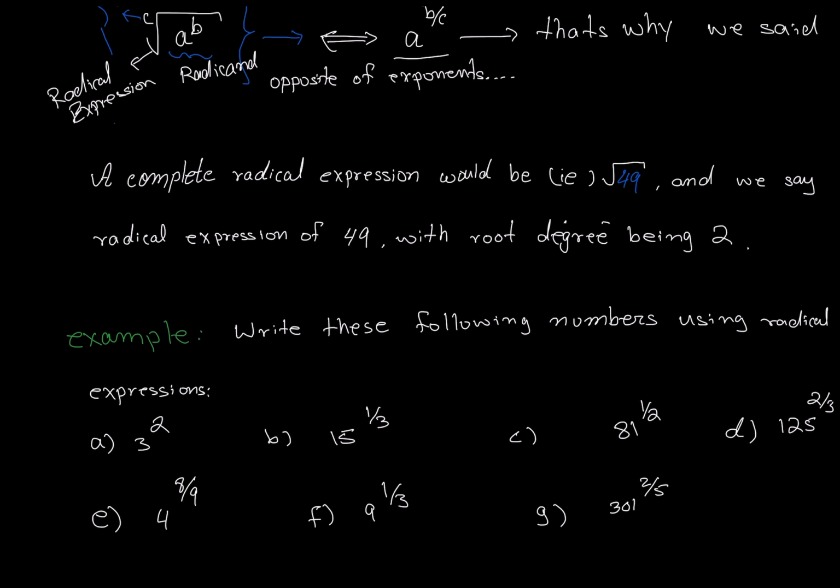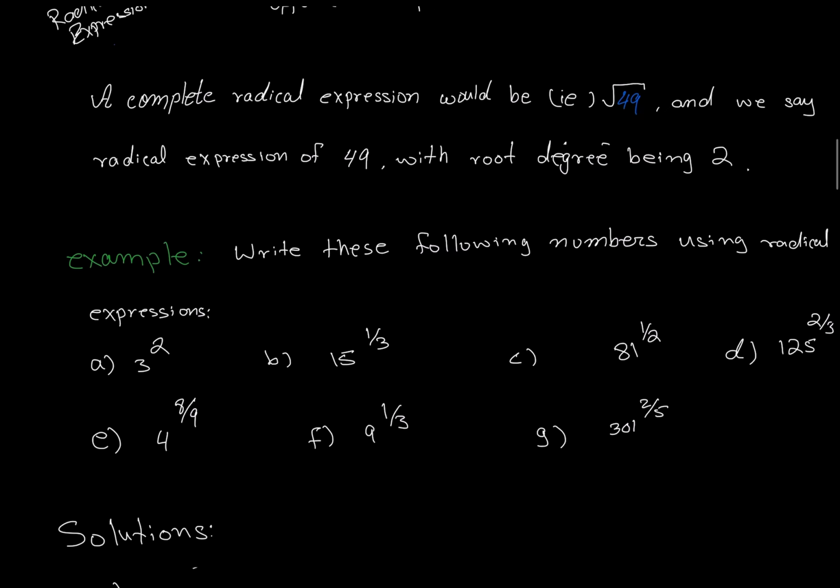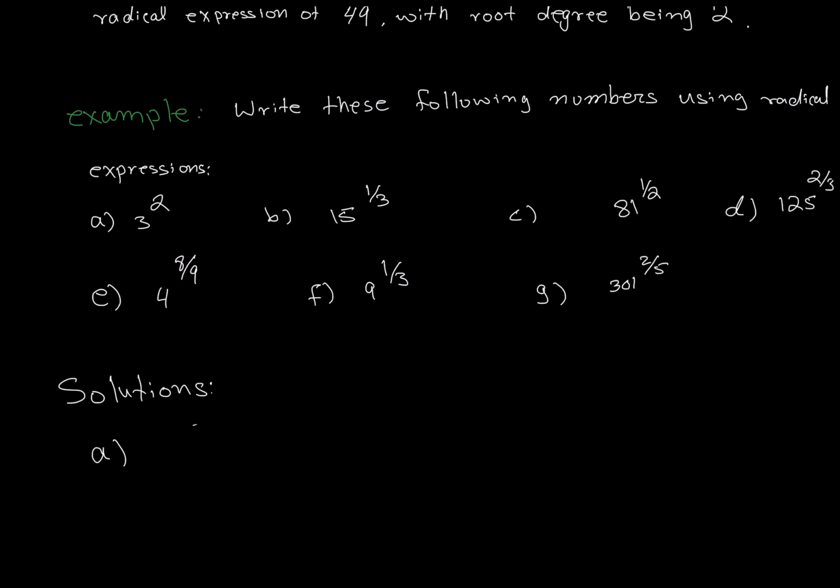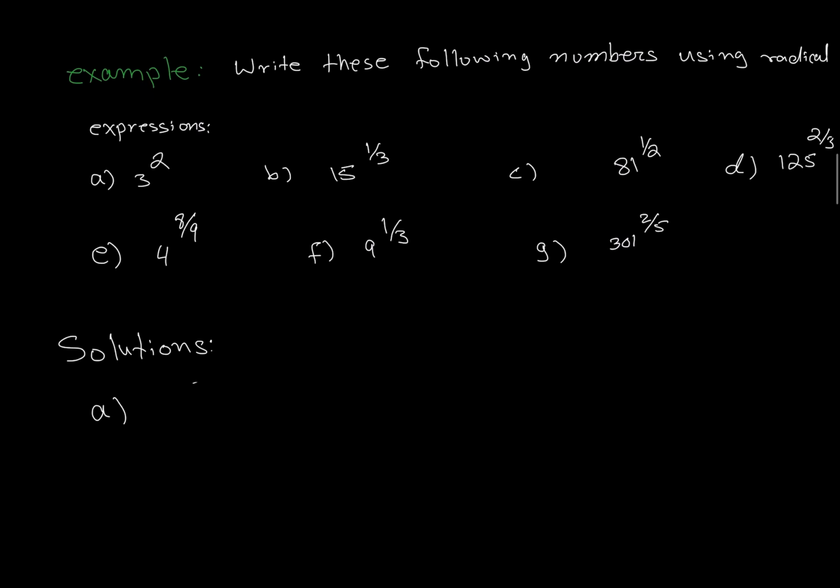Okay, so to understand these things, let's cover some examples here. Write down the following numbers using radical expressions. So a is 3 to the power 2, which is 9.